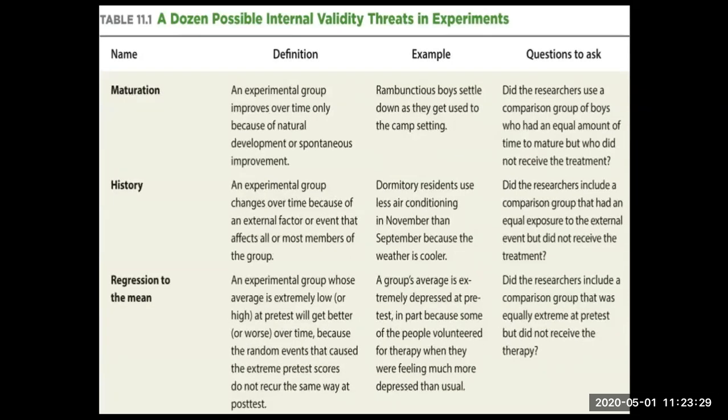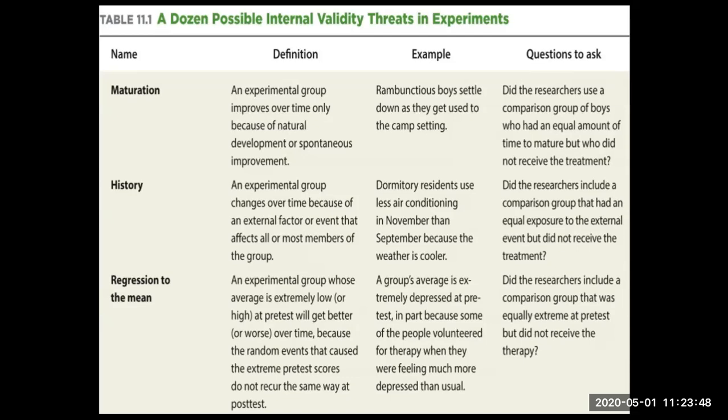Maturation: did the boys settle down simply because they got used to their surroundings, or was it actually the manipulation? History: did people actually have an effect that the Go Green campaign worked, or was it simply because the weather outside was cooler?